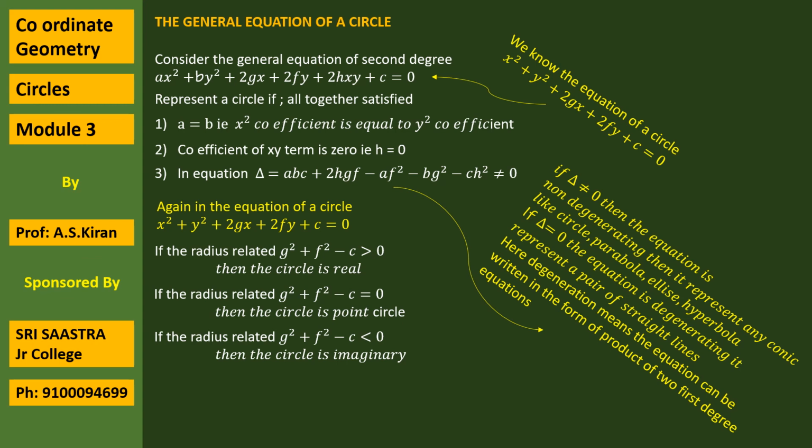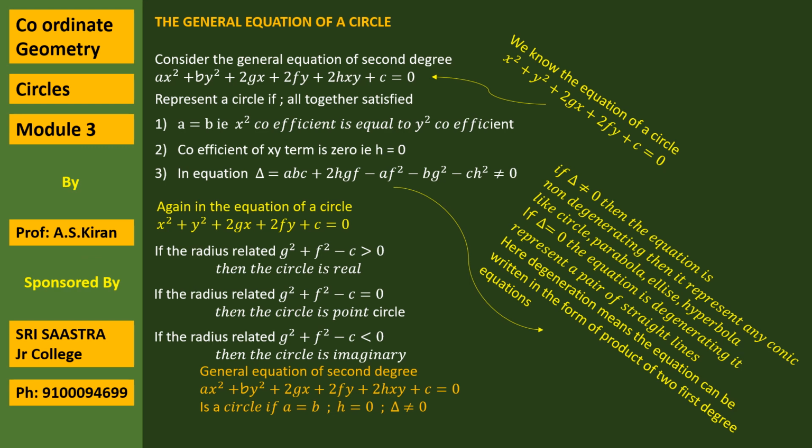That's the delta value. If delta is equal to 0, it can be degenerated. If delta is not equal to 0, it cannot be degenerated. If the equation is degenerated, it can be represented in the form of a product of two first degree equations. It represents a pair of straight lines.